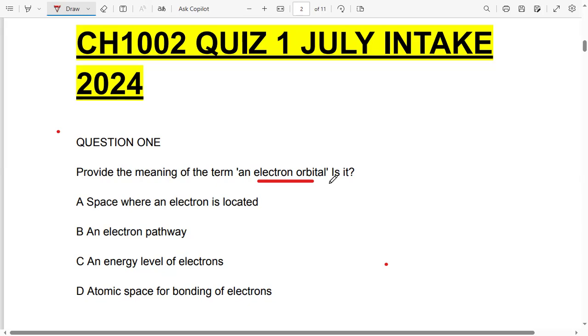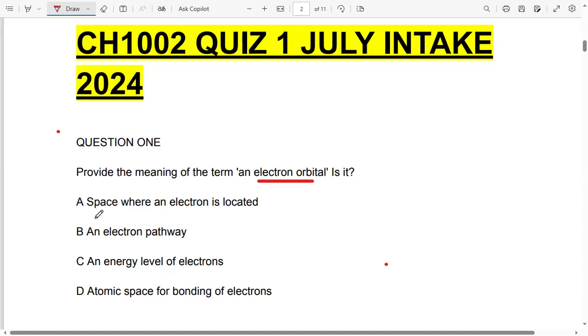When it comes to multiple choice, they'll try to twist here and there, so we just have to find the definition that aligns with what I just said. An electron orbital is a region in an atom where you have a high probability of finding an electron.